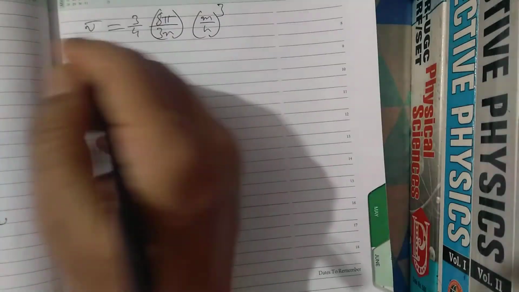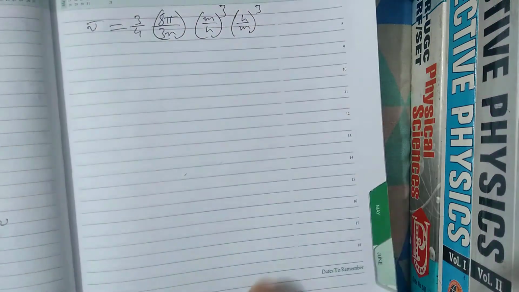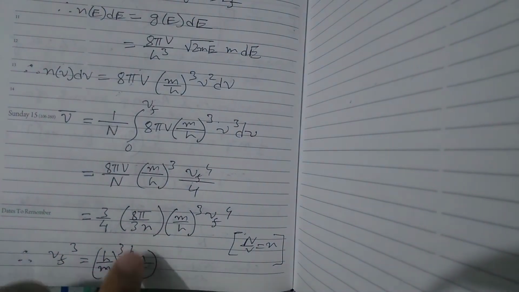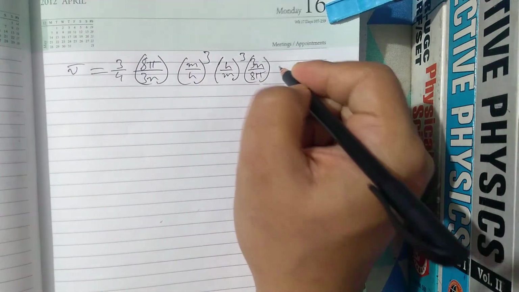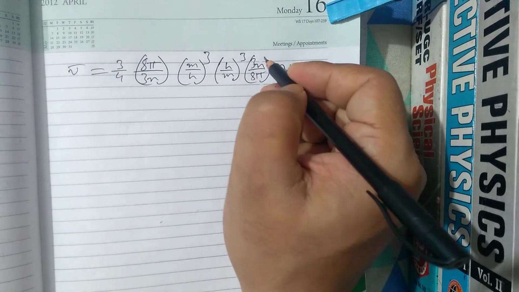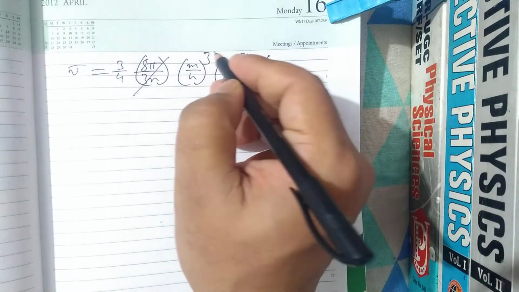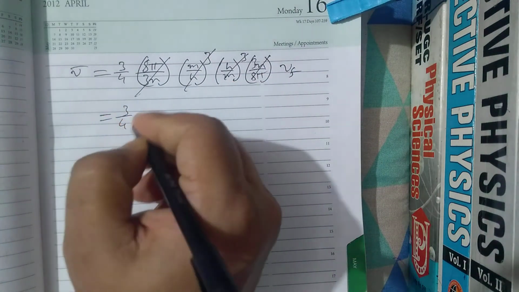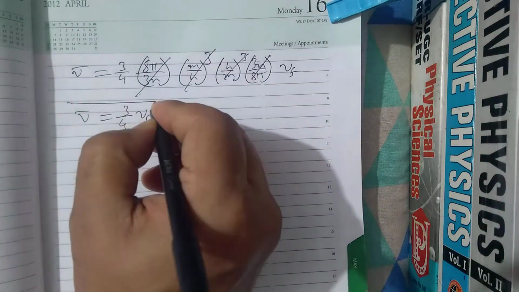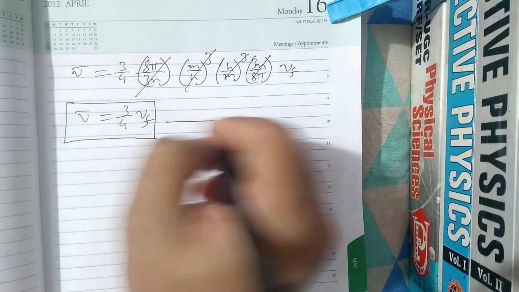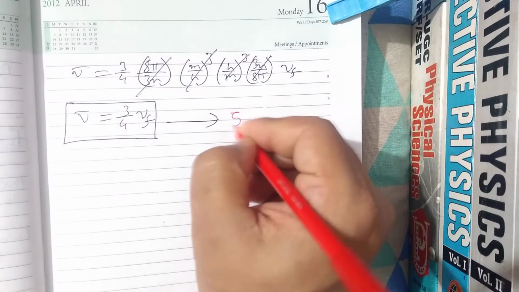So vf cube will be (h/m)^3 (3n/8π) into vf. The 8π cancels, (h/m)^3 cancels, so this becomes 3/4 into vf. So v bar is equal to 3/4 into vf. This is equation number 5.